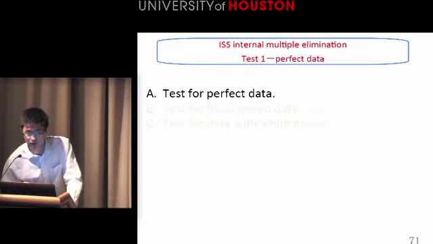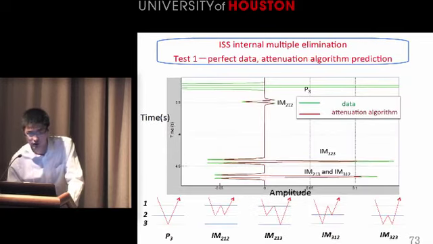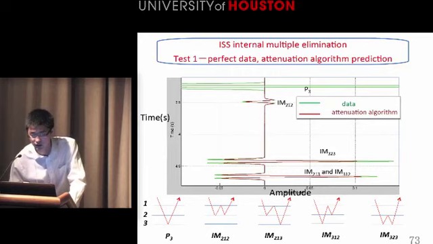First, we test for perfect data. Here's the input data. Then we'll show the comparison in this red box, and there exist several internal multiples. This picture shows the prediction of the internal multiple attenuation algorithm. The green line shows the input data, and the red line shows the internal multiple attenuation algorithm.